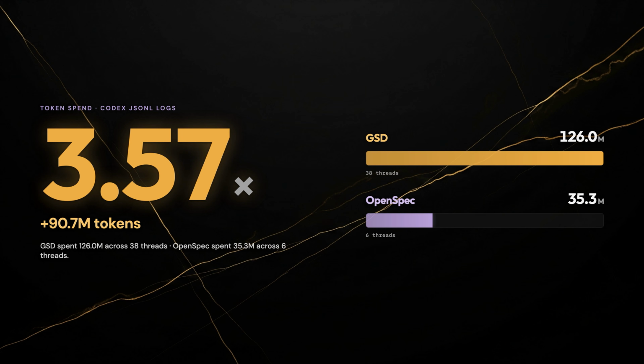The token table makes the cost difference very visible. From the parsed Codex logs, GSD spent 126.0 million tokens across 38 threads. OpenSpec spent 35.3 million across 6 threads. GSD spent about 90.7 million more tokens, or roughly 3.57 times as many.